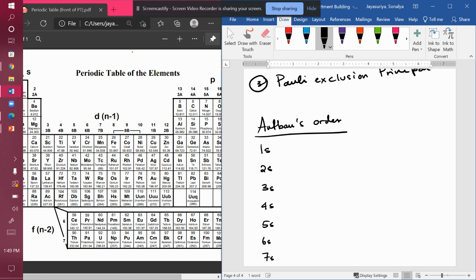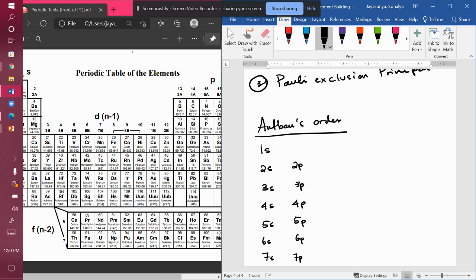Then, remember, second energy level is when you first encountered a P-type apartment. So you go to 2p, no 1p, 2p, 3p, 4p, 5p, 6p. We're not going to use 7p because we're not going to encounter anything with 7p, but it does exist. So I guess I'll just write it.